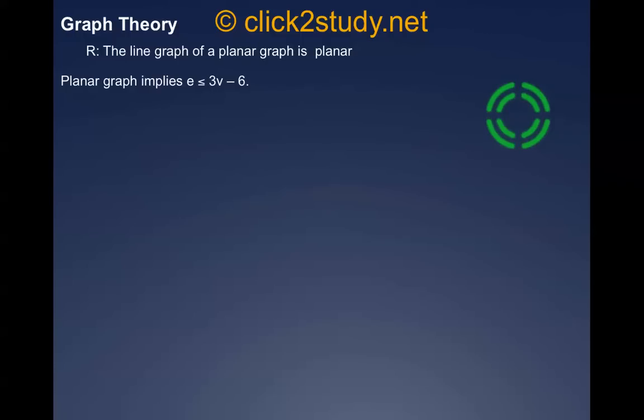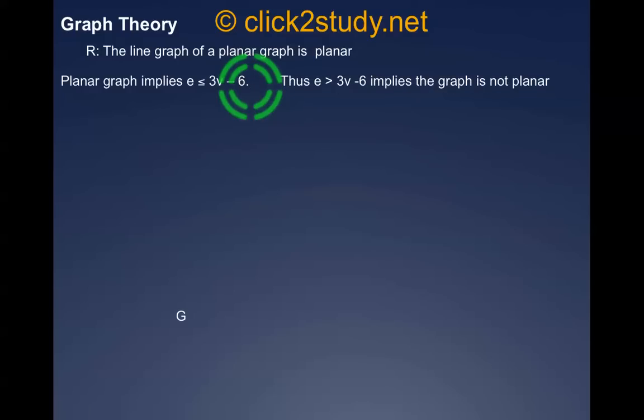If you remember this property of planar graphs: if a graph is planar, it implies that the number of edges is less than or equal to 3 times the number of vertices minus 6. This is a very useful property of a planar graph. If you negate this, suppose E is greater than 3v minus 6, this would imply that the graph is not planar.